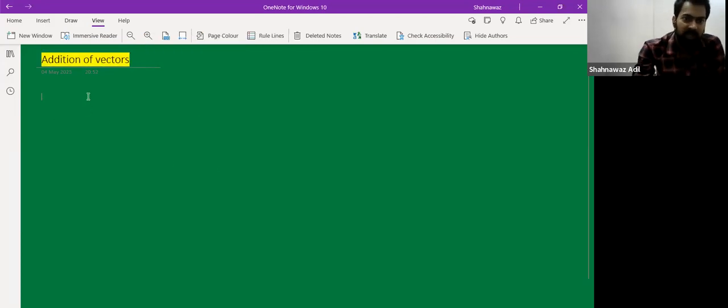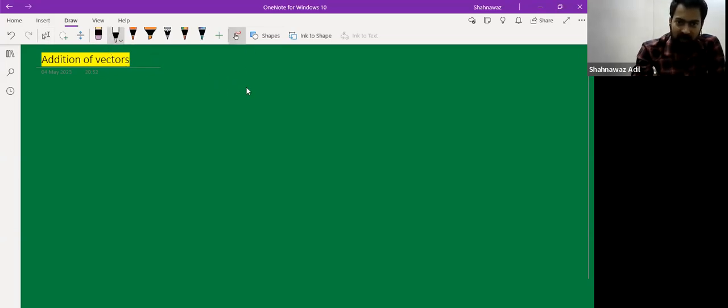In addition of vectors, there are two possibilities. What are the possibilities?